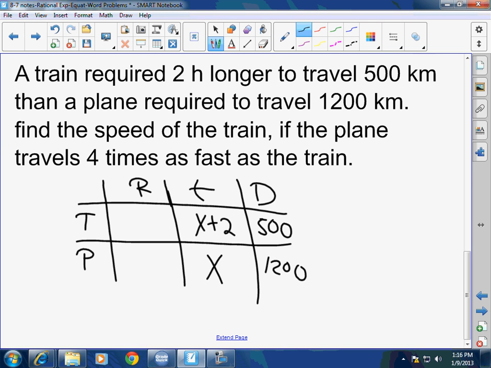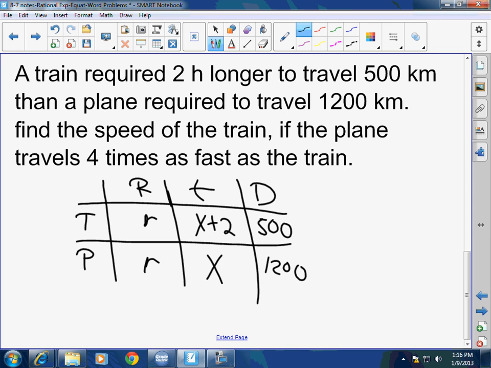Now, this is the temptation for most people, and this is where everyone just crumbles. And this is normal. They say, okay, what do we call rate? And some people will put an R and an R. That's wrong because you can't have the same rate, first of all. They're going at different rates.